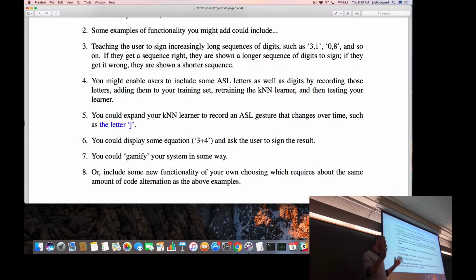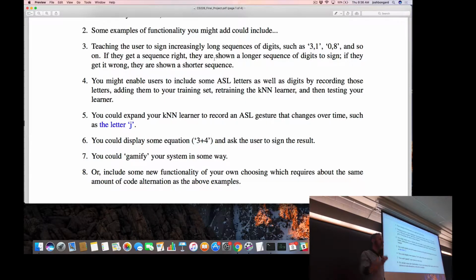You've got 4 weeks until the final exam period. I think all of the examples here could easily be done in 4 weeks. The remainder of that time is the user testing part. So for example, you could teach the users increasingly long sequences of digits. Once they learn digits 0 through 9, we want to make sure that they can do it without thinking about it.